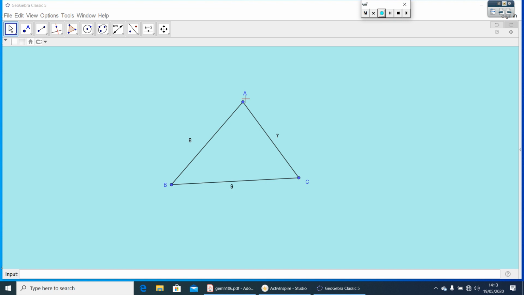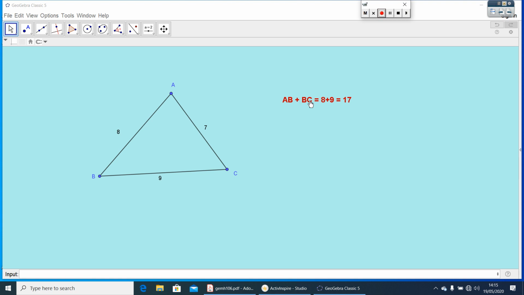Now let me add the length of AB and BC. AB plus BC, that is 8 plus 9, is equal to 17. Now what is the length of AC? AC is equal to 7. That means AB plus BC is greater than AC.